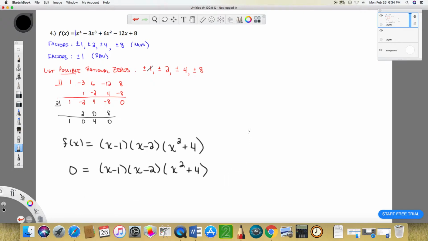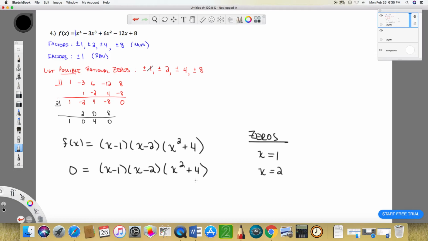So x minus 1 would give us a 0. And x minus 2 would give us a 0. But x squared is only going to be 0 or positive. X squared can never equal a negative 4, not in the set of real numbers.